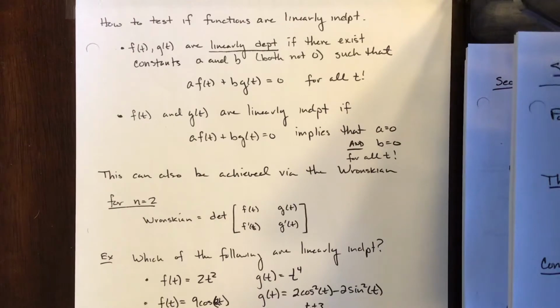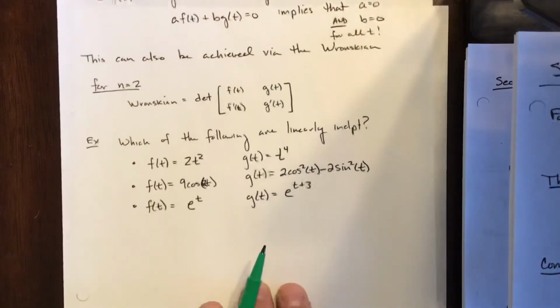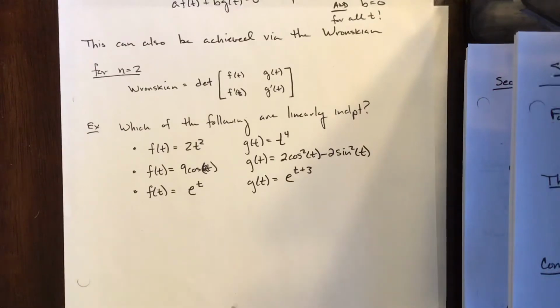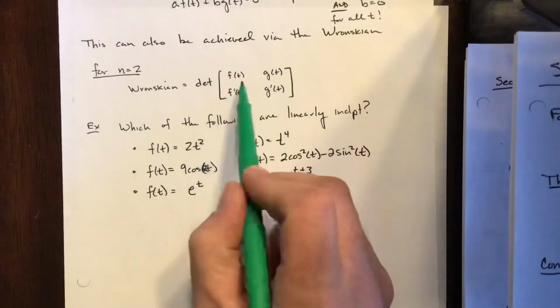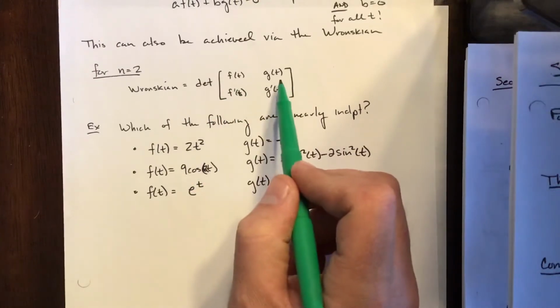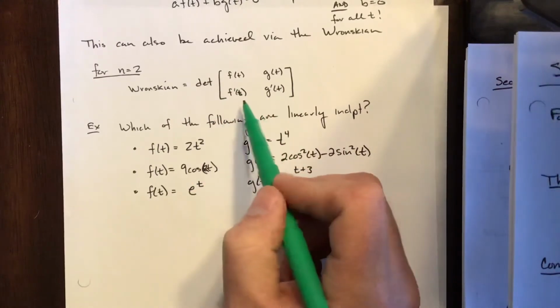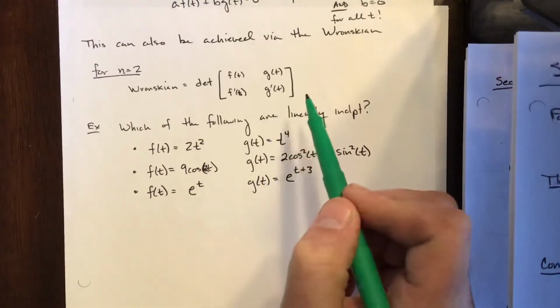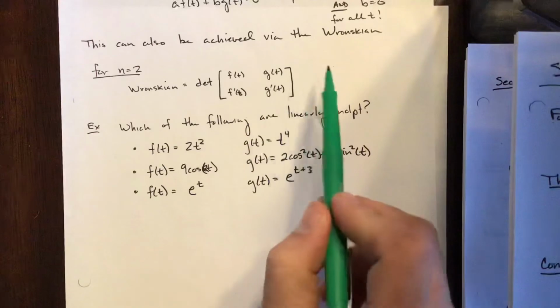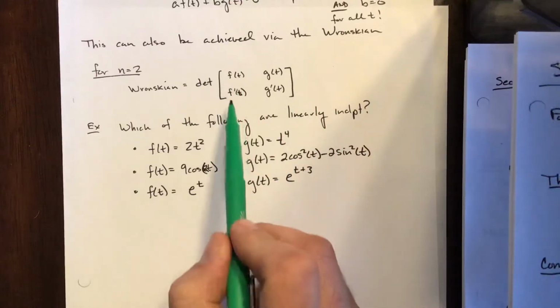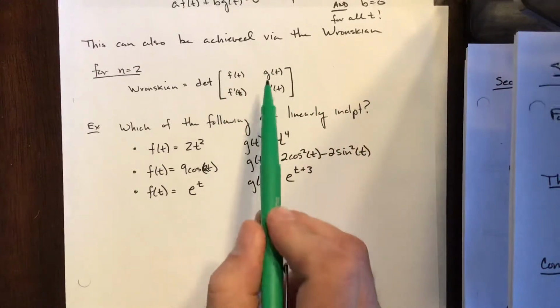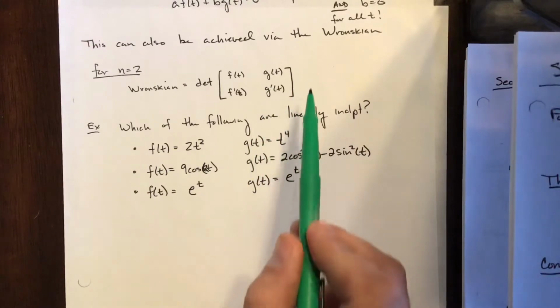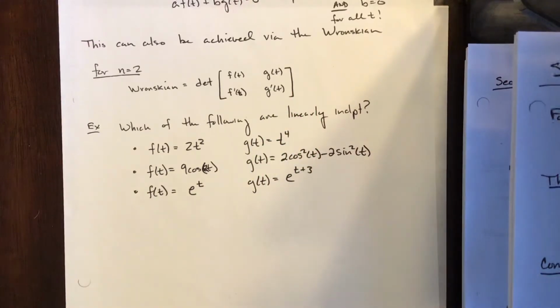Now, one way to test that is through the Wronskian. In a 2 by 2 case, we compute the determinant of the matrix with the functions f and g across the top row, and on the second row the functions f prime and g prime. And if this was a 3 by 3 case, you'd go f, g, h, then f prime, g prime, h prime, then f double prime, g double prime, h double prime, and so on.